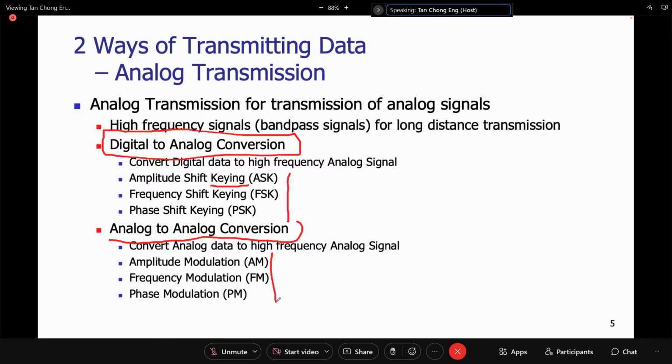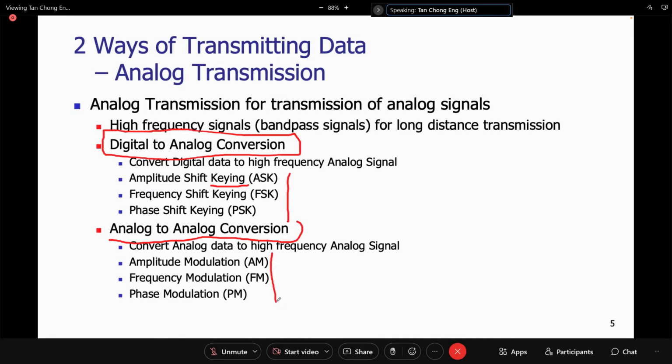Frequency modulation changes the frequency. Frequency shift keying also changes the frequency. So you have three components that you can change for the three different types of conversion: amplitude, frequency, and phase. Both apply to different conversions, digital to analog or analog to analog.